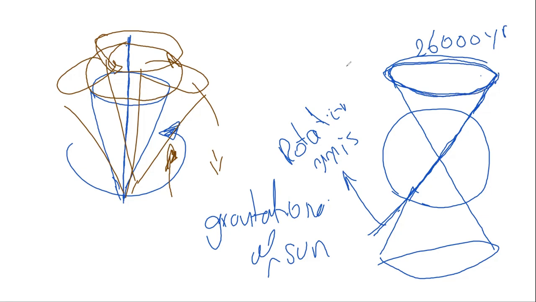This means that 13,000 years later, the Earth's rotation axis will be in that direction. And when we have summer now, 13,000 years later, we will have winter. This type of movement, which is due to the gravitation of the sun, is called precession.